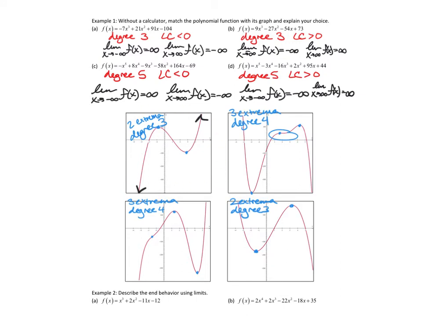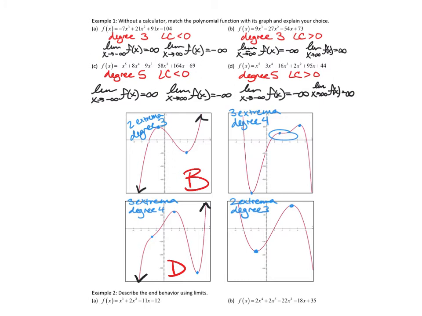This best matches up with graph B because of the degree 3. If you notice, the other graph that has that same end behavior has at least 3 extrema, which means it has to be degree 4 or higher, which means it can't be B and it has to be D, because that's degree 5.